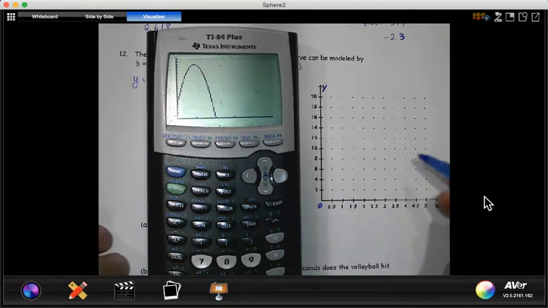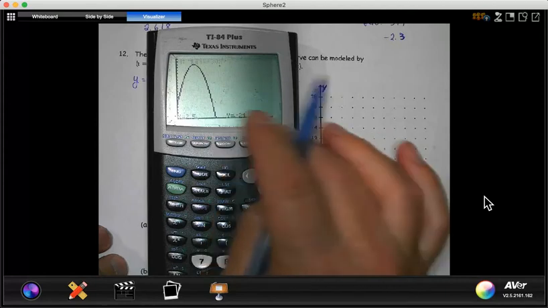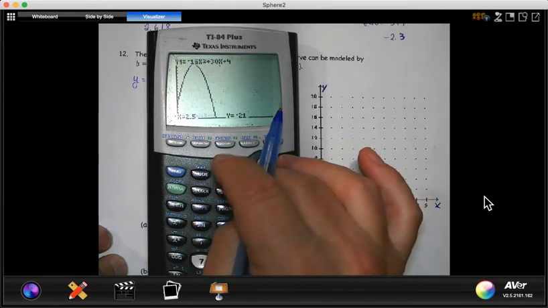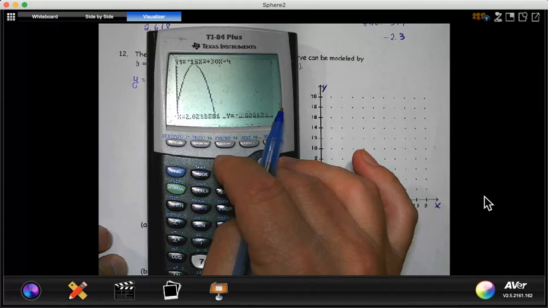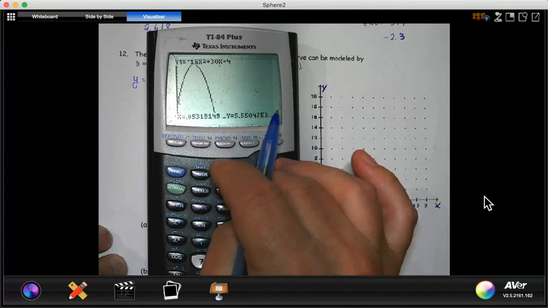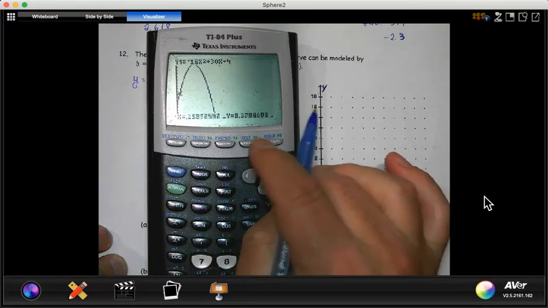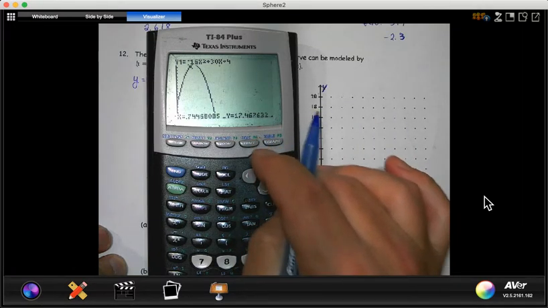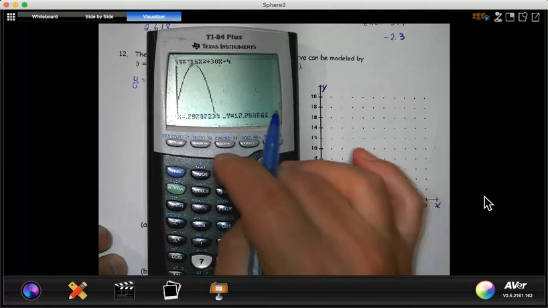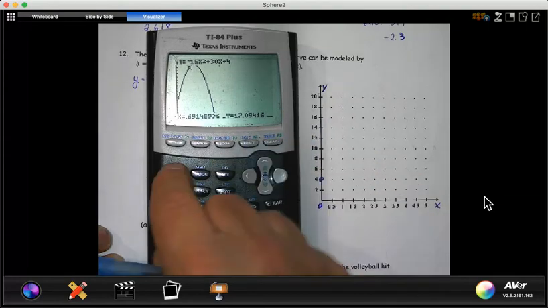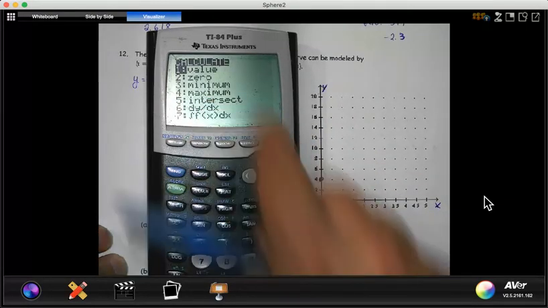Now let's find some key points by hitting the trace button. So the y-intercept is at 4. And then let's go to the top. We can find the top by hitting second, calculate. This is called a maximum.